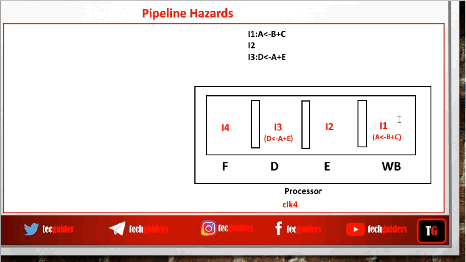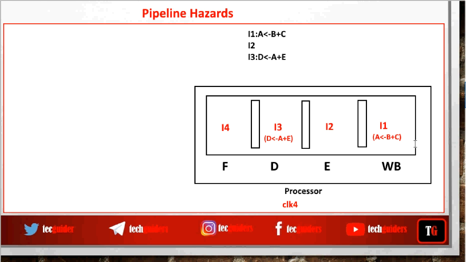And in pipelining, our instruction I1 is in the write back unit, means the sum of B and C is already calculated, execution is over, now the result is being written to A. And our instruction I3 is in the decode phase where the operands are accessed, means the data from A is being accessed in this clock cycle. Hence here instruction I3 is reading from A, at the same time instruction I1 is writing to A. Hence instruction I3 is reading some data which is not yet written by I1.